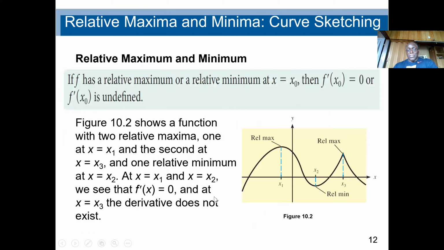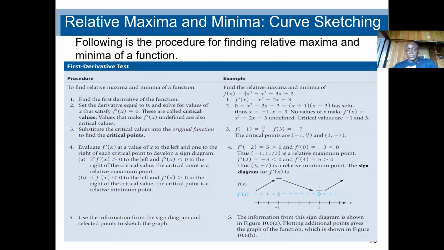And from the graph here, that's what we just did. First, I have the original function. I find the first derivative. After that, I equate it to 0. Then I find the values of x. I only get 2 x values because this function cannot be undefined. It's always defined.